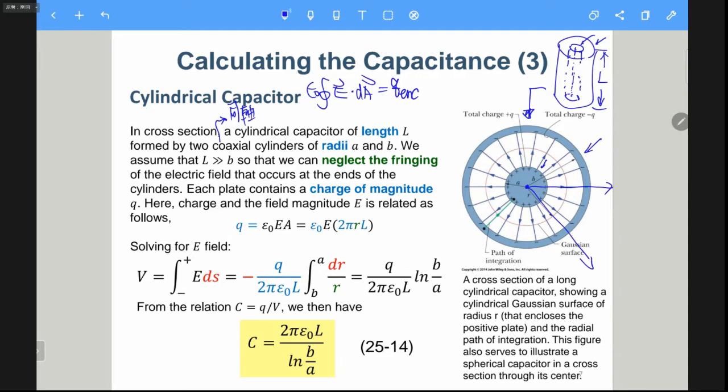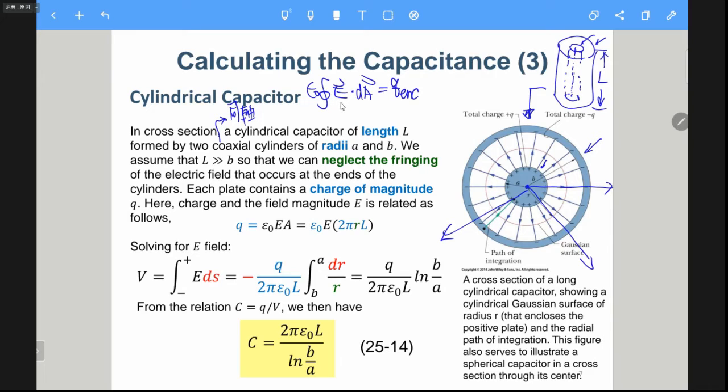These are all radial direction, so they should be all parallel to the R axis. There shouldn't be any E component in the theta direction, something like that. There shouldn't be any component like that.